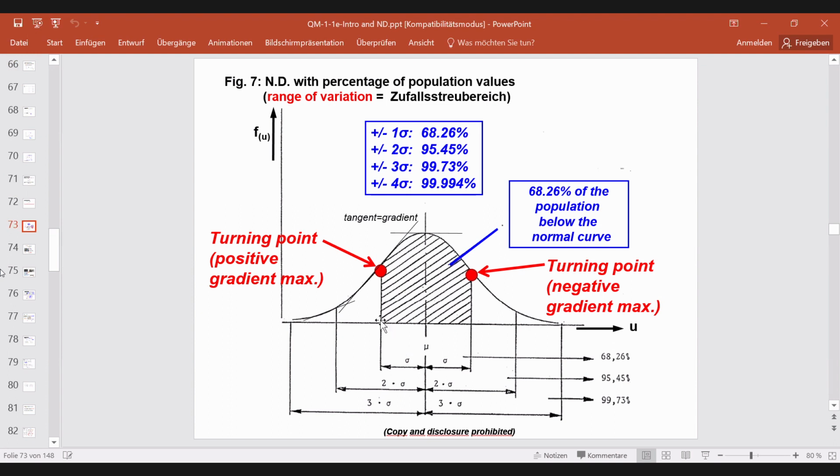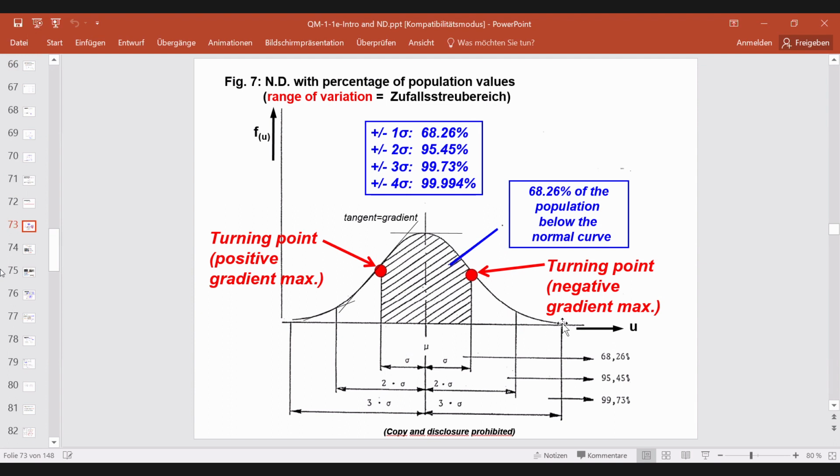If you take plus minus 2 sigma, which is from here to here, then we have 95.54% of all the values in these limits.